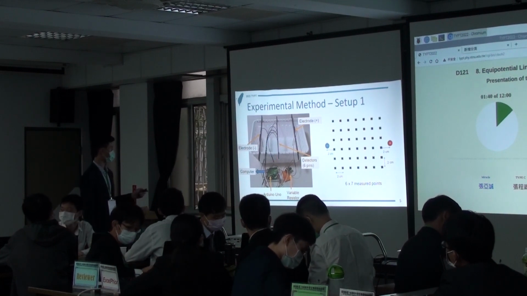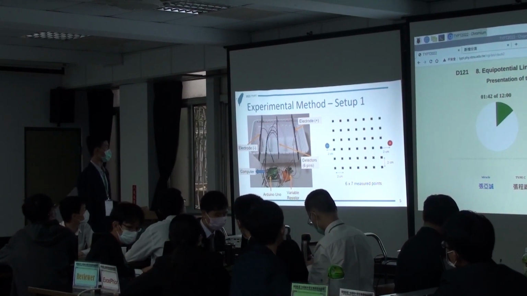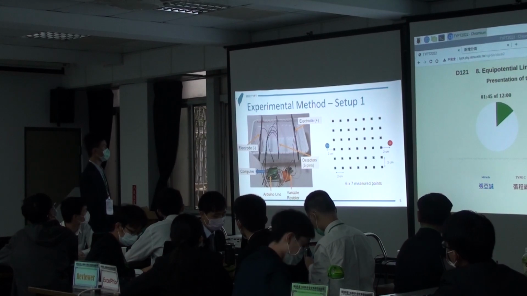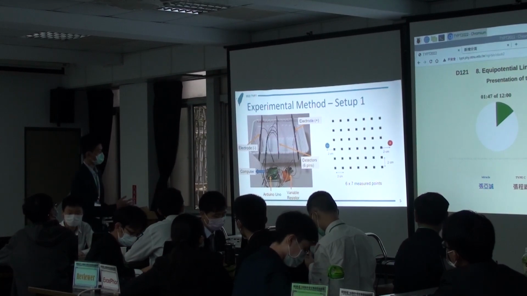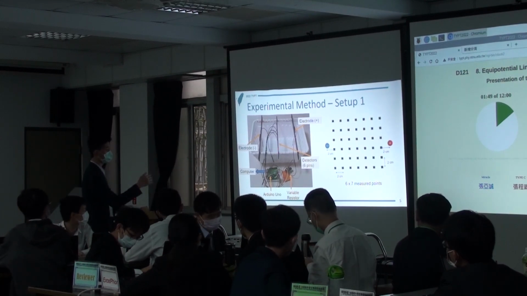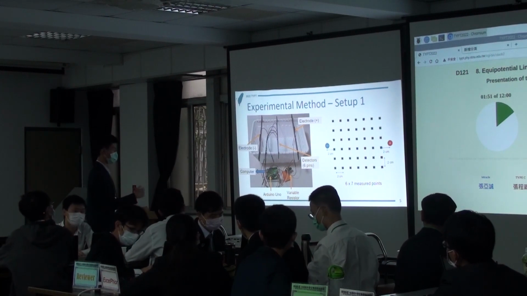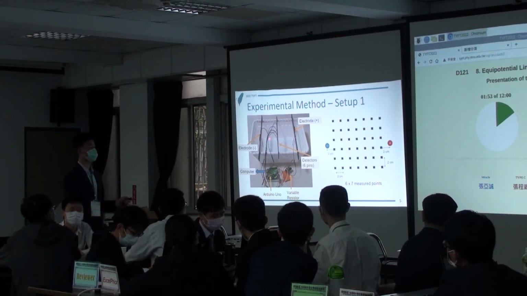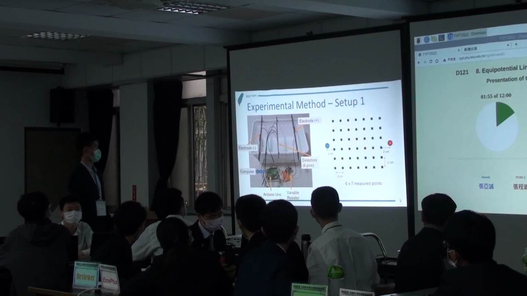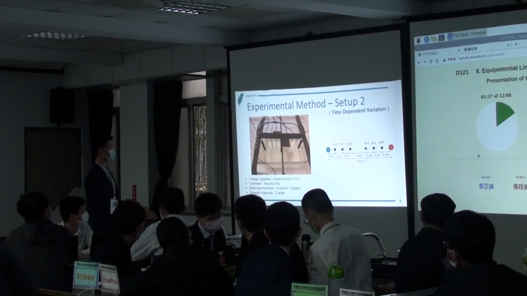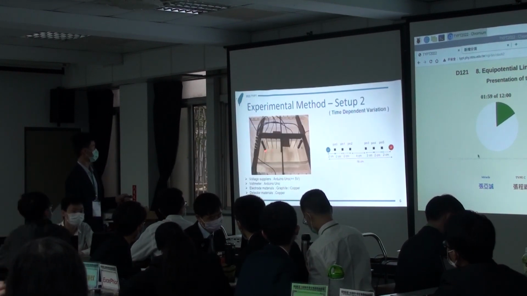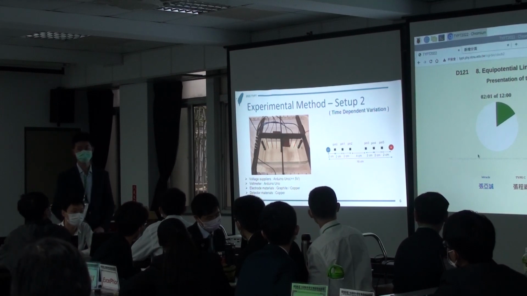We have 7 notches in total. After measuring the potential of this notch, we move it to a different location. After completing 3 sweeps through all the notches, we take the average of the voltage at each point for our experimental data.